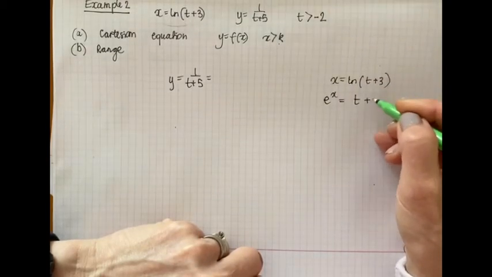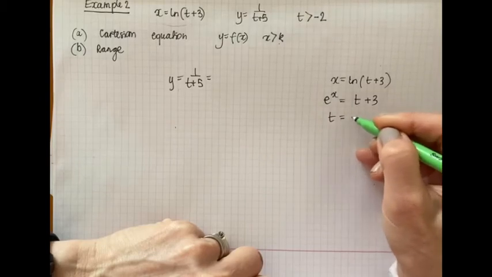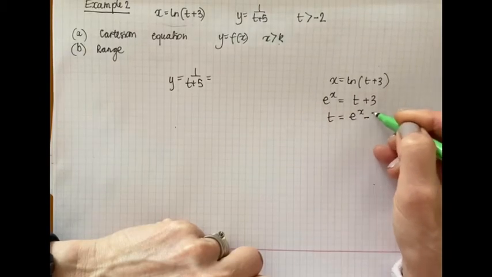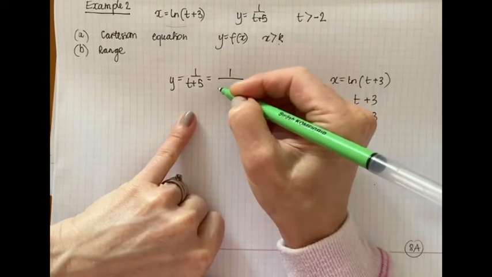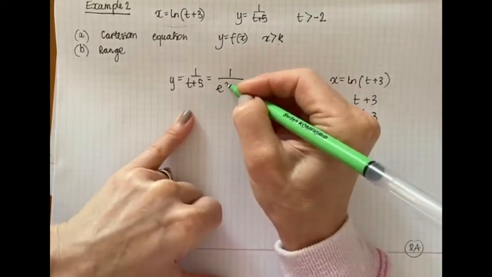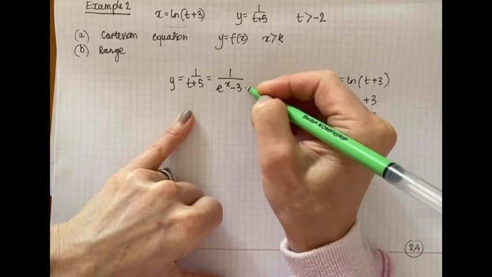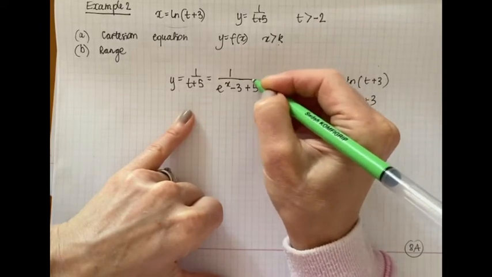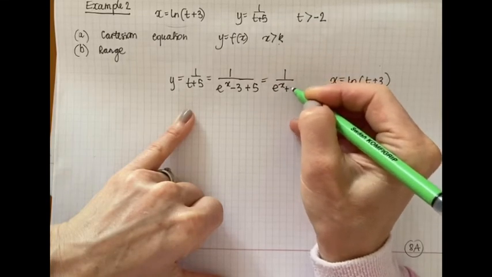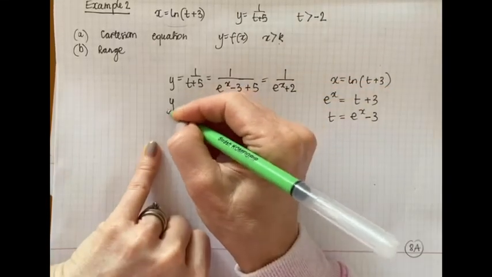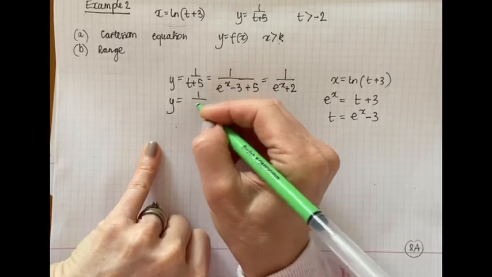You've got t plus 3. So t is equal to e to the power of x minus 3. So we're ready to substitute that into our equation. e to the power of x minus 3 replaces t plus 5. So this is 1 over e to the power of x plus 2.